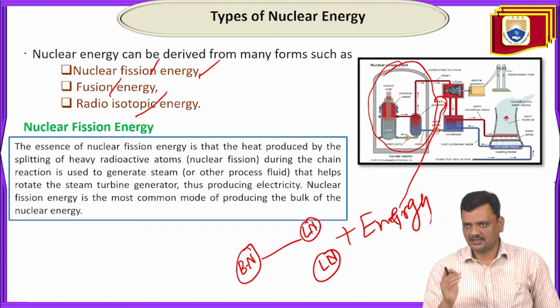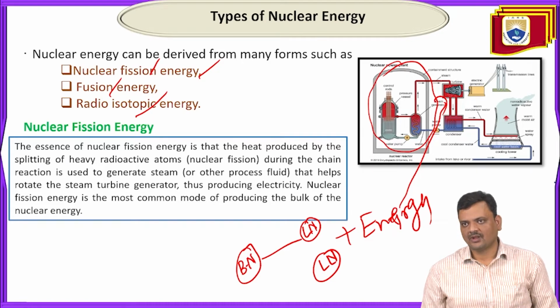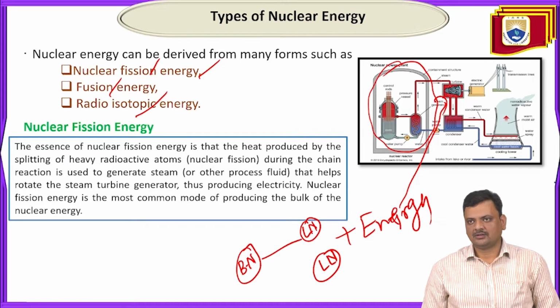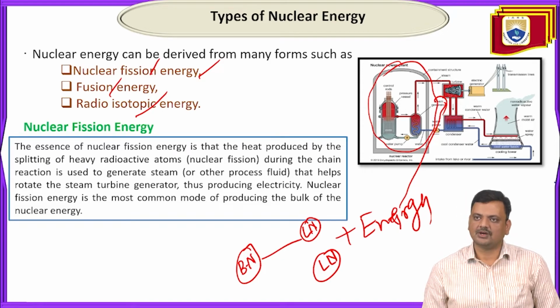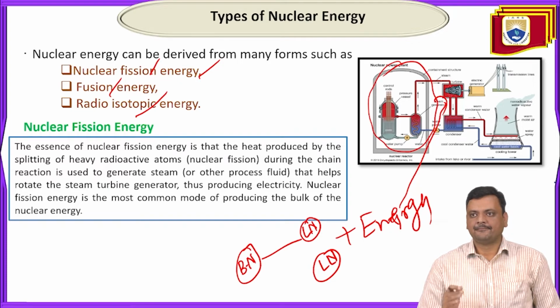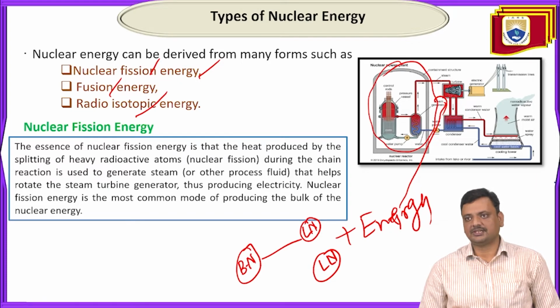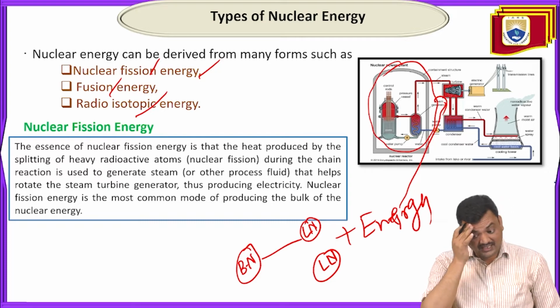How do they utilize it? There is a big boiler, where water is stored. With the help of that energy, the water becomes hot and steam is generated, and that steam is responsible for the rotation of the turbine. This is the nuclear fission energy process.